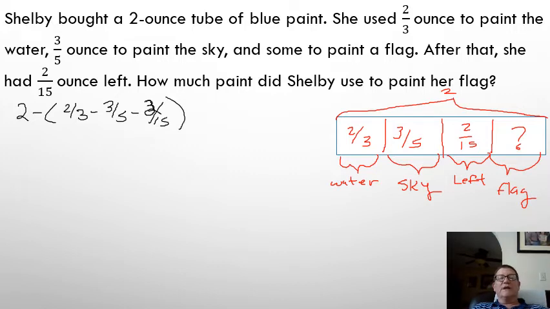Now I'm going to look at these and I'm going to start off with my 2/3 because they've got to be the sum of all these. So we're going to add 2/3 to 3/5.